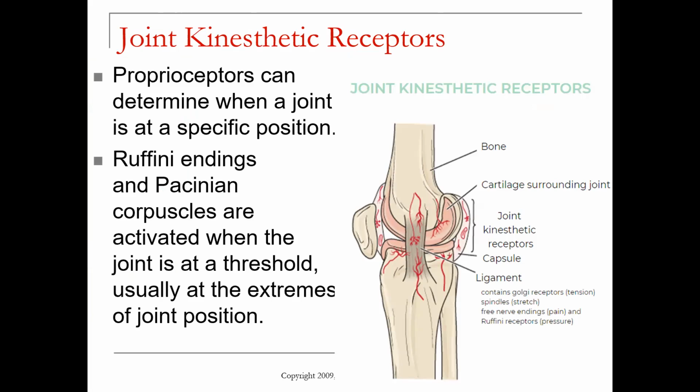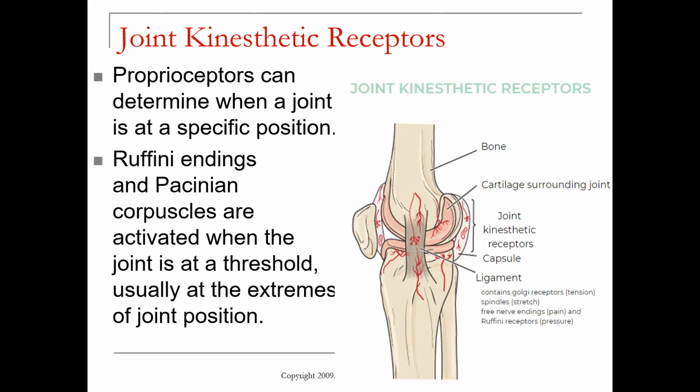And here within the joint itself, we have the joint kinesthetic receptors. The proprioceptors determine the exact location of any specific joint. And they tell us when we are overextending a joint.